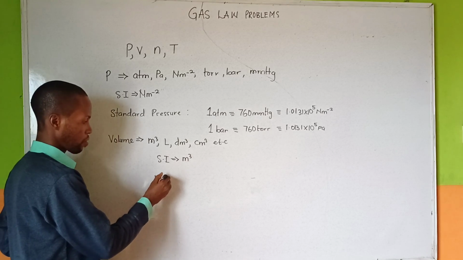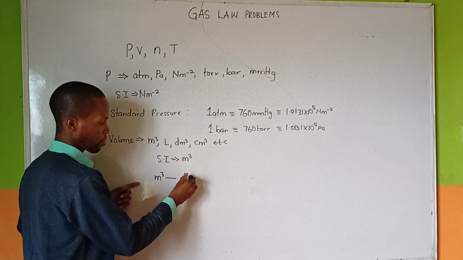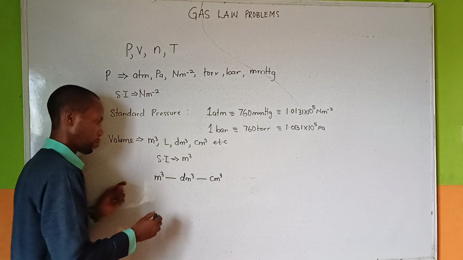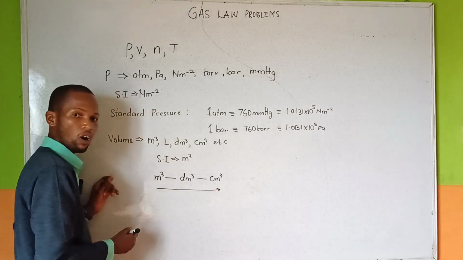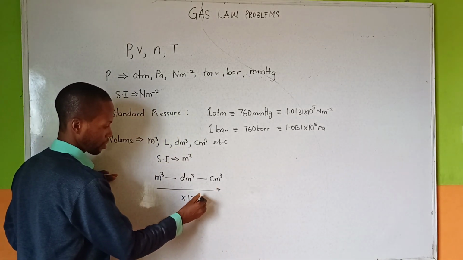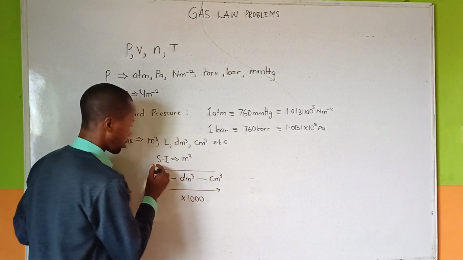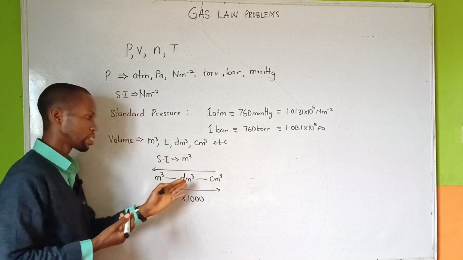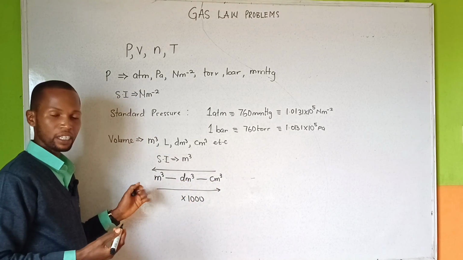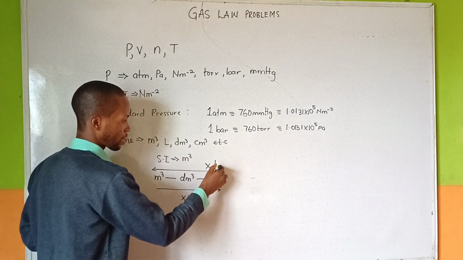I have meter cube to dm cube to centimeter cube. When I'm going in this direction, all I need to do is to multiply by 1000. When I'm moving in the reverse direction, from centimeter cube to dm cube to meter cube, all I need to do is to divide by 1000.